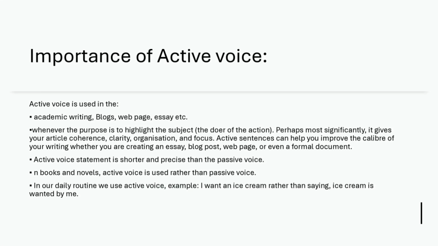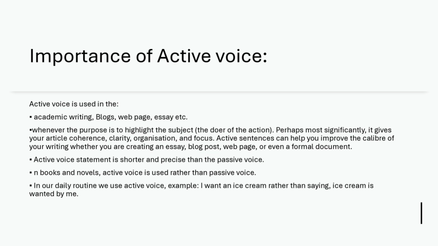Talking about the importance of active voice, active voice is used in academic writing, blogs, web pages, essays, and even in our daily conversations. Whenever the subject needs to be highlighted, people use active voice, whether it's about writing an essay, a blog post, web pages, or even a formal document.